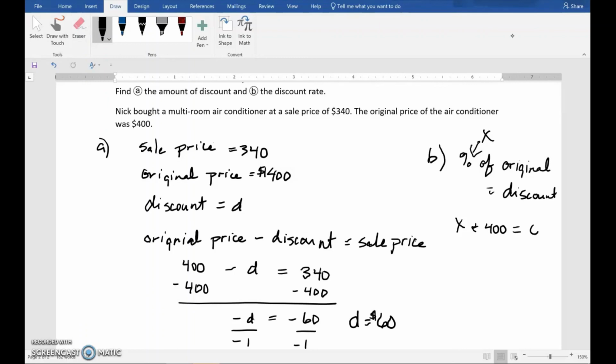And it has to equal that $60 discount that we just figured out. In order to solve this, since this is currently being multiplied, we divide by 400. What you do on one side, you have to do on the other. And you would get X is 0.15. But again, this is the decimal form, and we like showing it in percent form. So that would make it 15%.